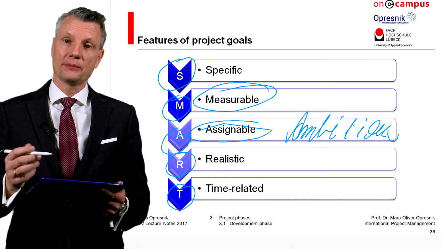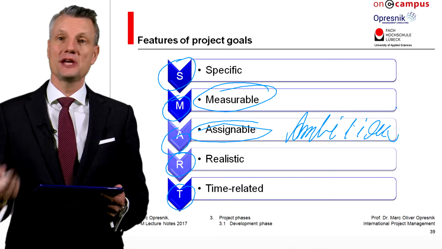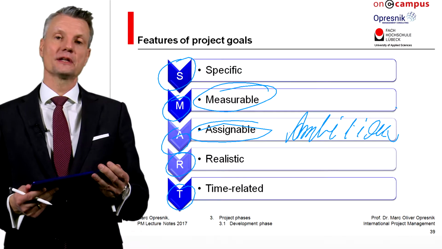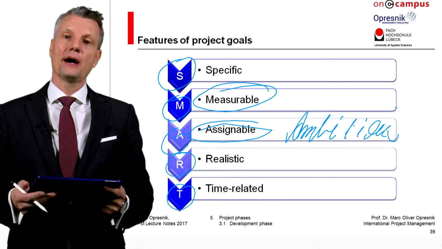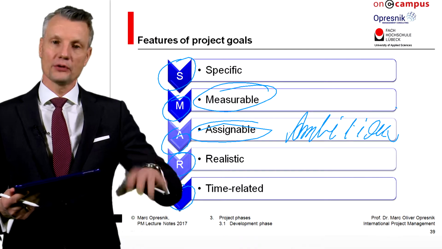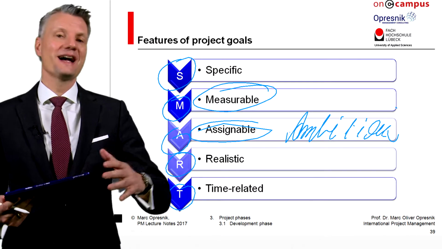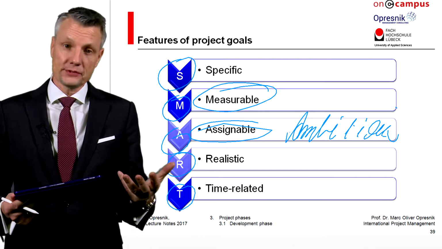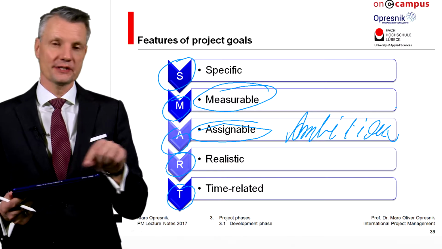If you want, for example, to establish a loyalty card and you want to increase the customer satisfaction, you need to state, for example, I want to increase customer satisfaction significantly, and I track that, I measure that by saying that I want to decrease the number of customer complaints by 10%. And because customer complaints are directly related to customer satisfaction, this is SMART. We can understand that because this is a direct measure for customer satisfaction.